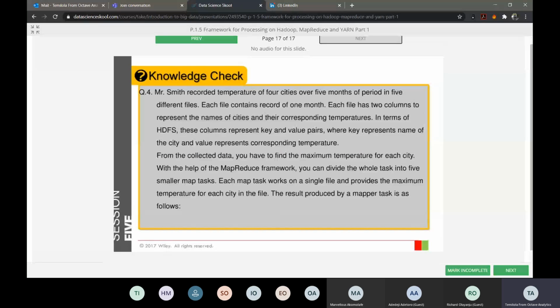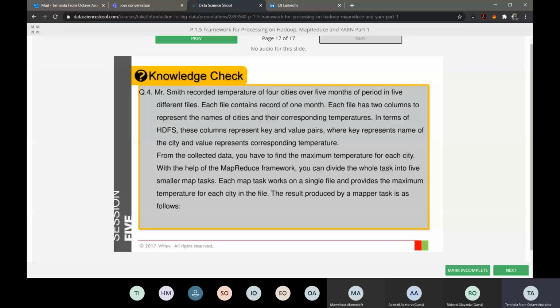With the help of the MapReduce framework, you can divide the whole task into 5 smaller tasks. Each map task works on a single file and provides the maximum temperature for each city in that file. So in our CSV file 1, let's say we have Lagos State at different points, different recordings.